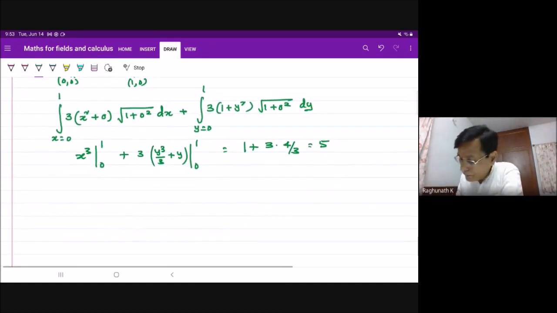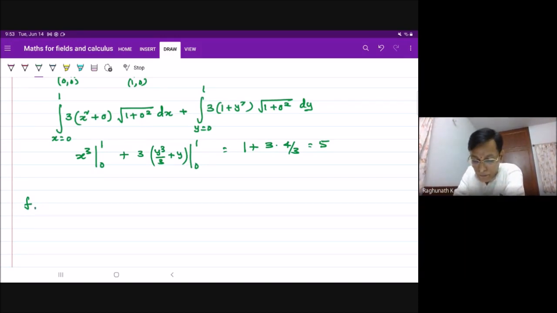F. Clockwise along the circle, x square plus y squared is equal to 1 from 0, 1 to 1, 0. Unit circle.